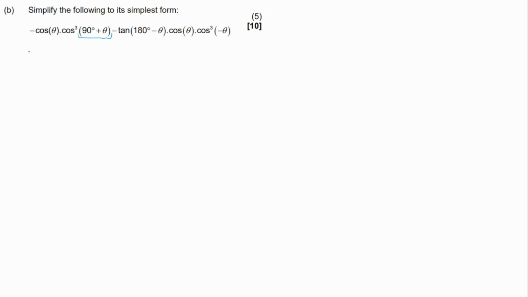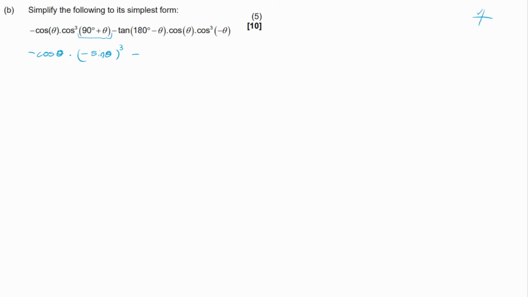So if we apply that over here, we're going to get negative cos theta. So cos 90 plus theta over here is negative. Cos is negative here. So what we do is we say negative, because cos is negative, but now we change the cos to a sine, so it becomes sine theta, and then all of this is cubed.